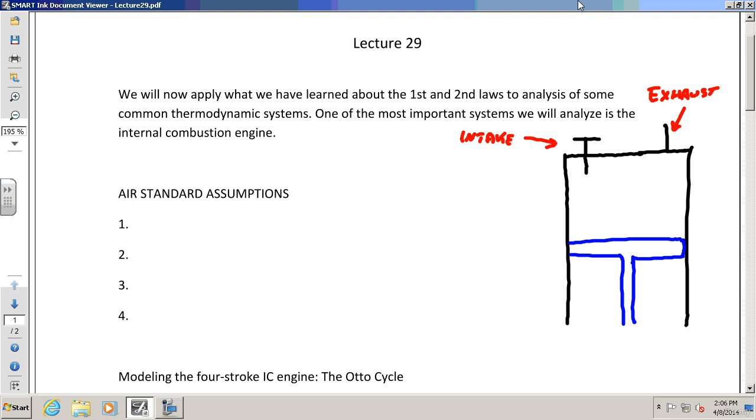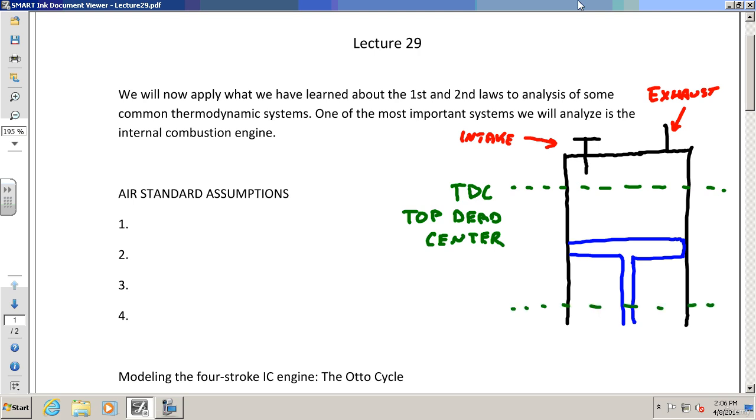So you got the intake and the exhaust, you got the piston, of course, and the piston moves up and down, and it moves up to the top. We call this TDC, that stands for top dead center. And then the bottom of the stroke is called BDC for bottom dead center.